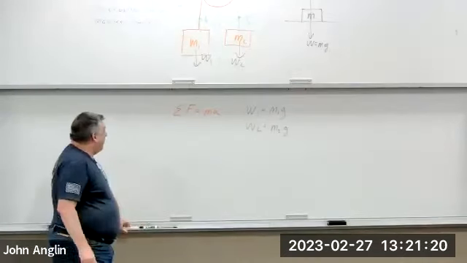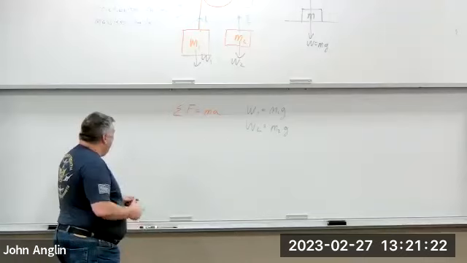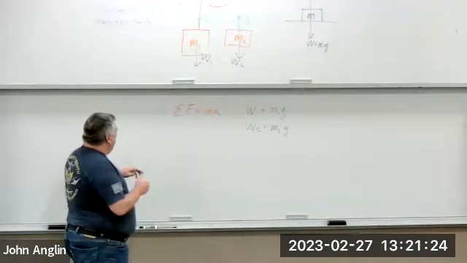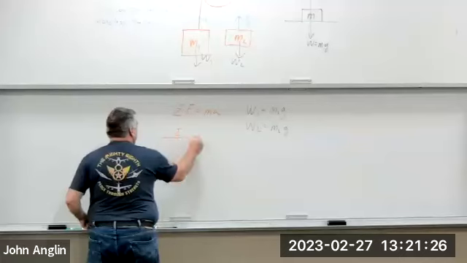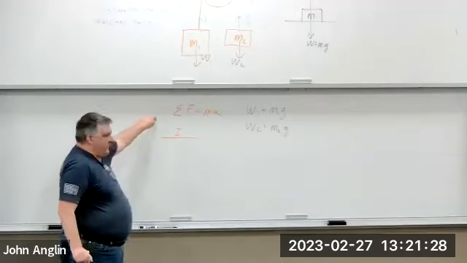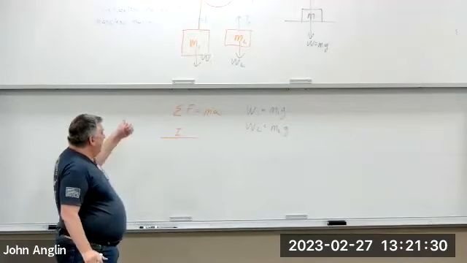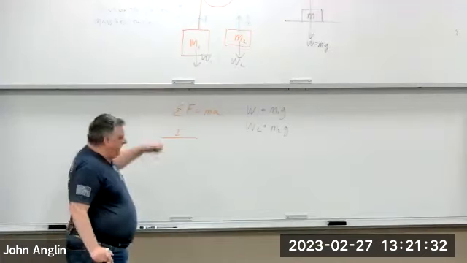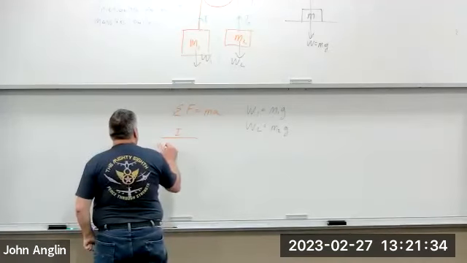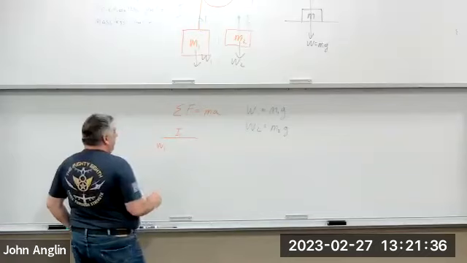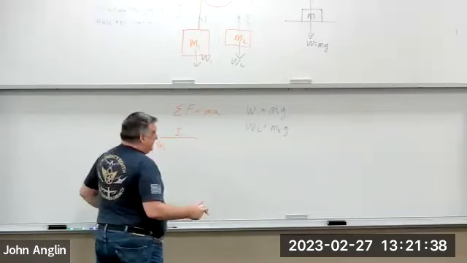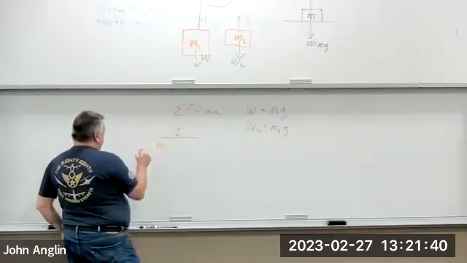So let's solve for side one. For side one, we have the sum of the forces. Well, what forces do we have? We have weight 1, and we're going to call down our positive direction. And we have the tension.